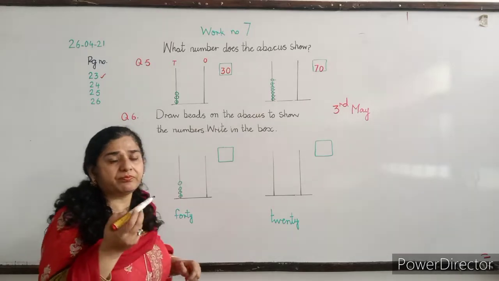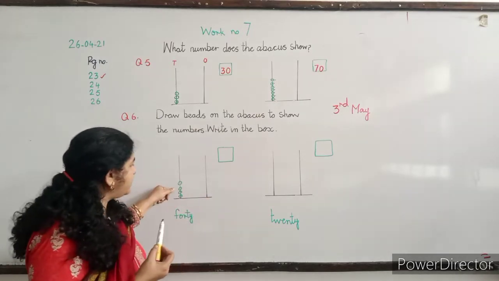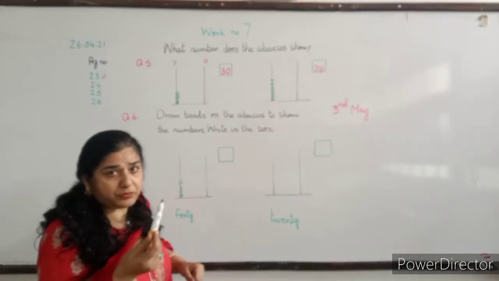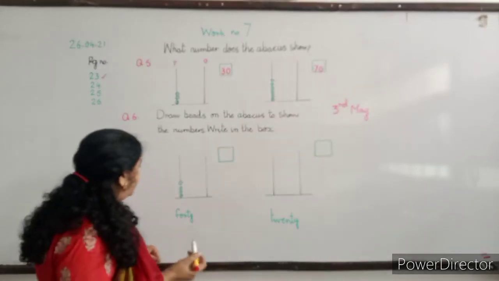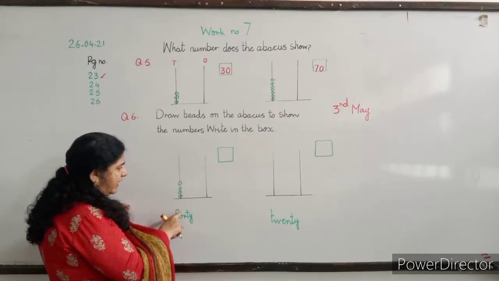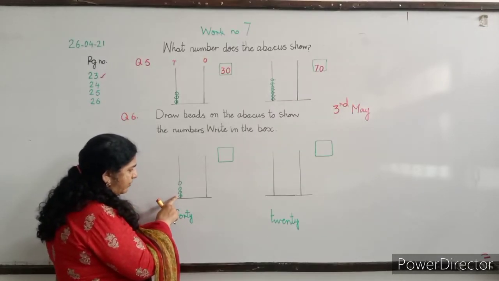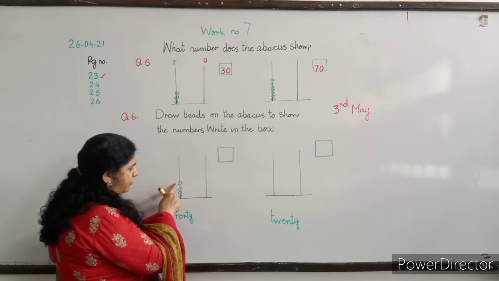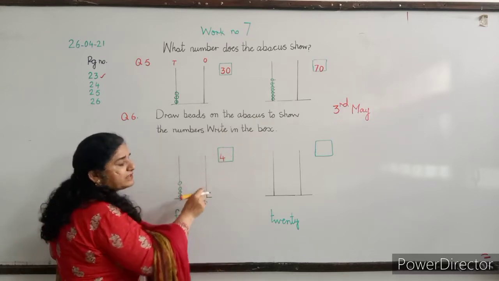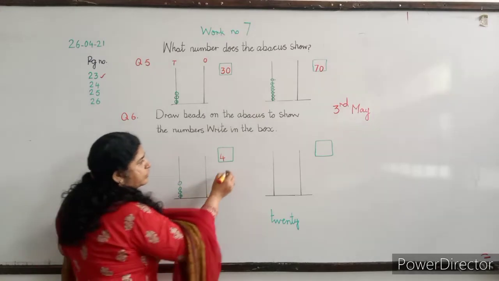So look here, for tens you will use green color, and for ones you will use red color. Okay, now look here, 40 is written under this, and how many tens are here? 1, 2, 3, 4. 4 tens and how many ones? 0 ones.